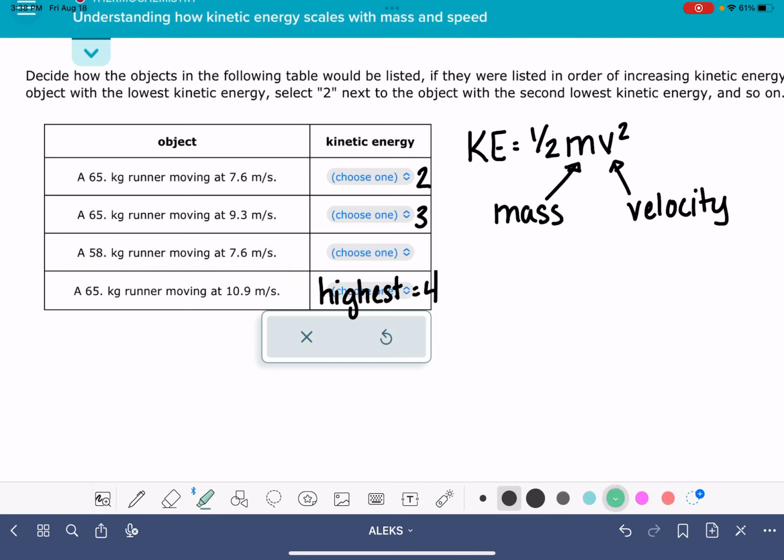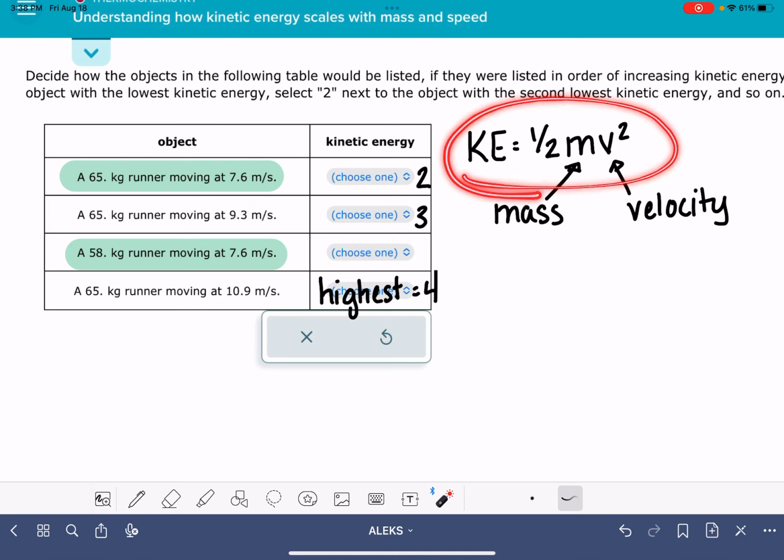For this last object, I want to find another object that has something in common, either the same mass or the same velocity. So I'm going to choose this object right here. Both of these objects have the same velocity. Again, looking back at the kinetic energy equation, both objects have the same velocity, so we don't really want to think about that variable. As mass goes up, kinetic energy goes up.